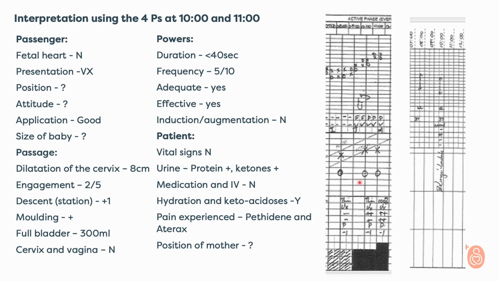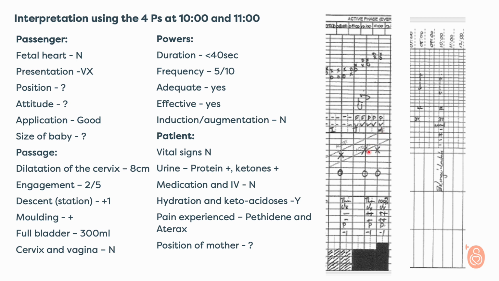And if we look at the engagement here, we see that the head is still 4/5 above the brim, and the descent is still here a -1, which is very important for us to see. So still the head, together with the fact that we have prolonged dilatation of the cervix, also sits very high.